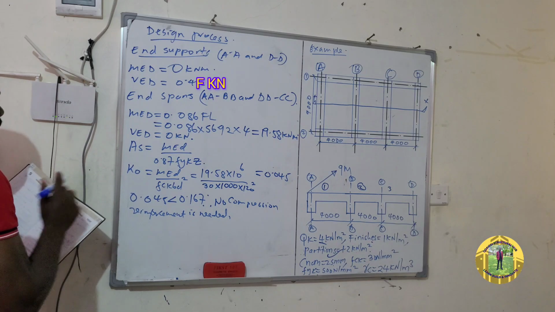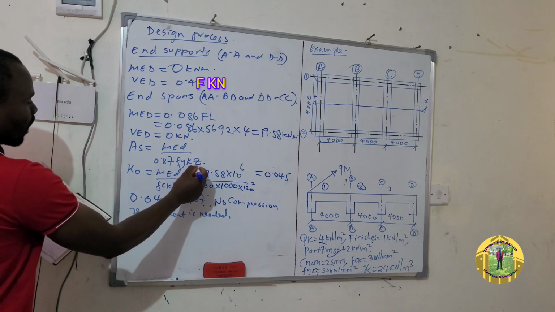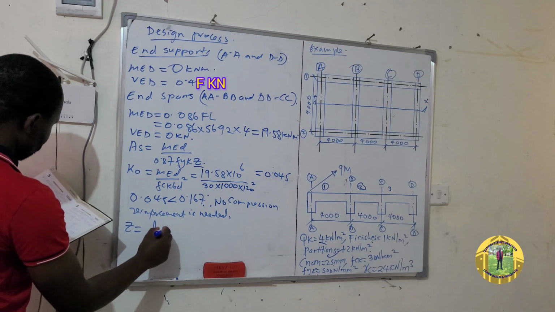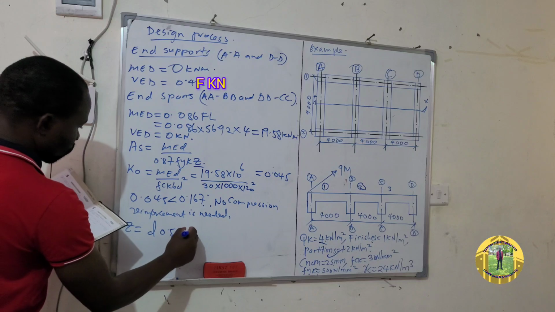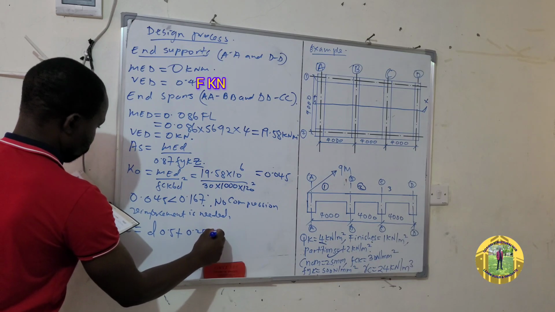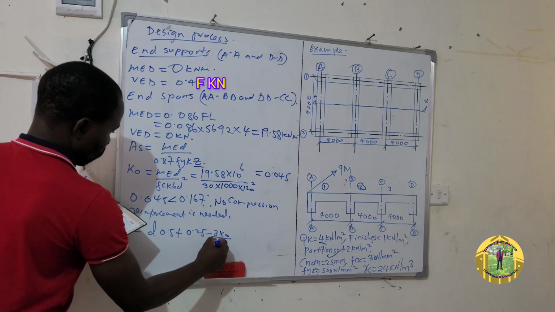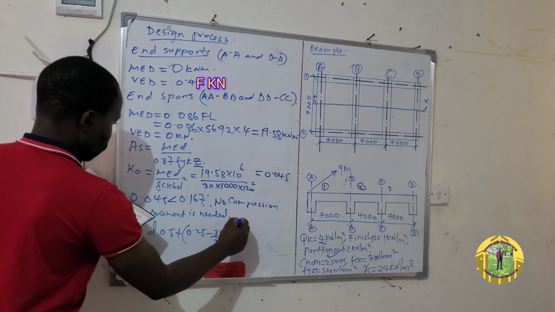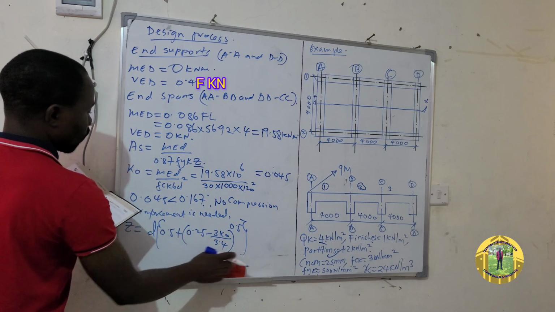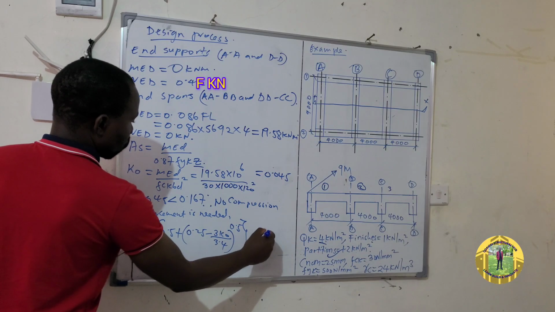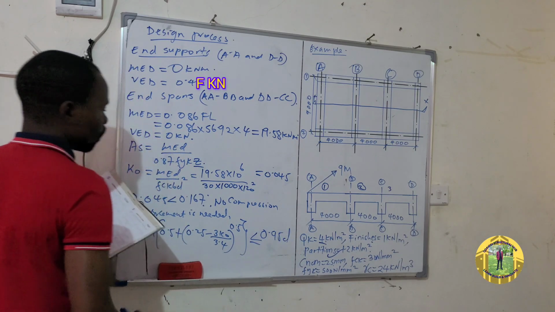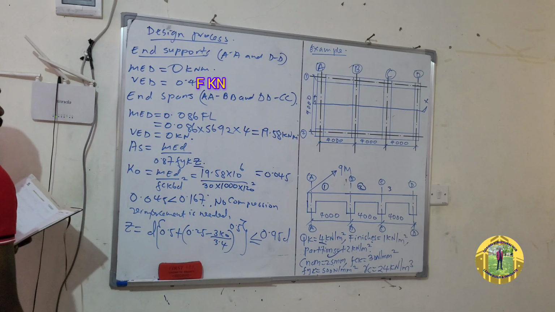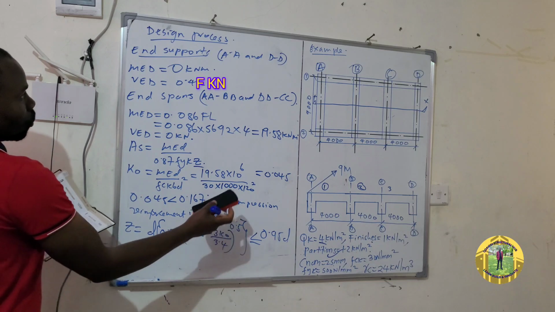And then we proceed to Z. So in our formula, we will calculate Z. And remember, it must be less or equal to 0.95 D. So if it exceeds this one, then this 0.95 D, we will use it as our Z. So we proceed.